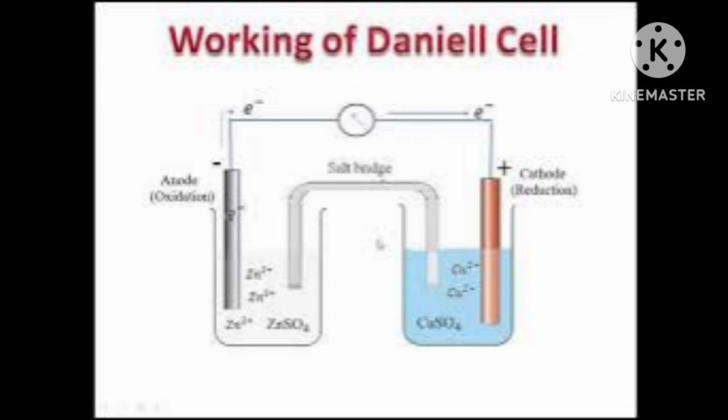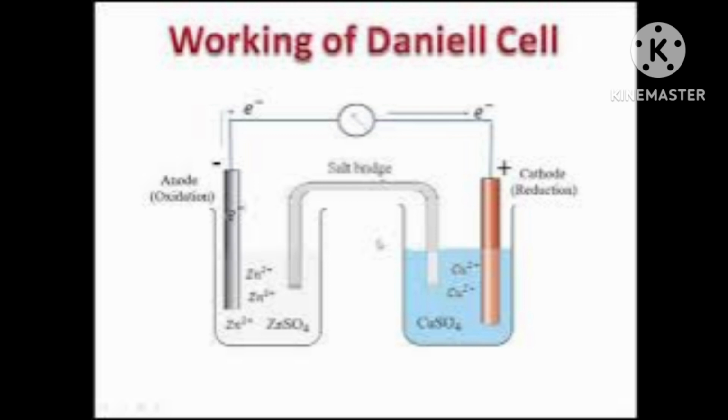Then the metal which has a natural tendency to dissolve in the same metal ion, means Zn metal in ZnSO4, when it dissolves, it will release electrons. Means Zn will dissociate: Zn gives Zn2+ plus 2 electrons.